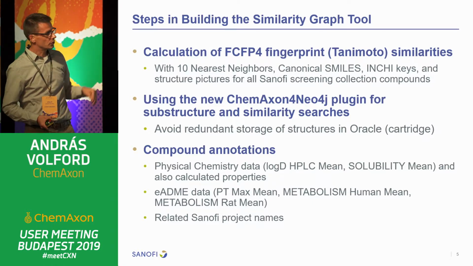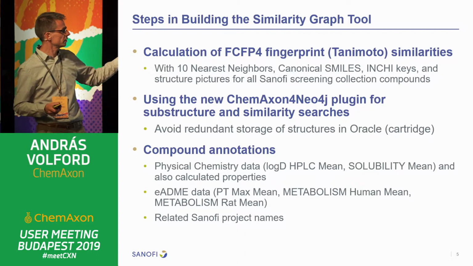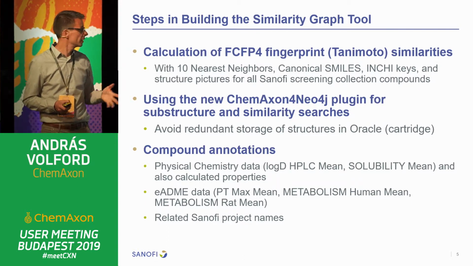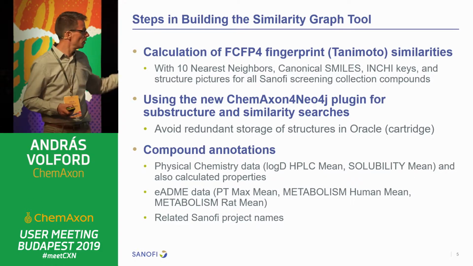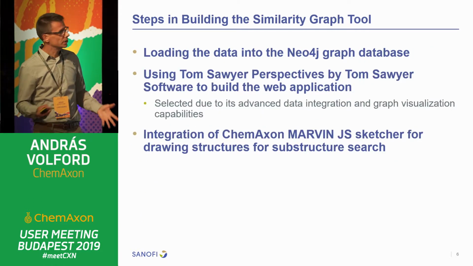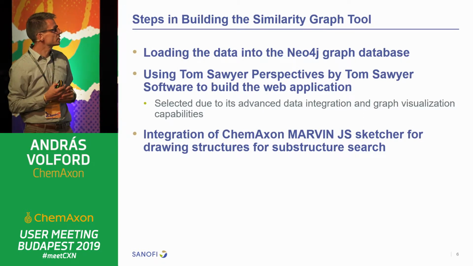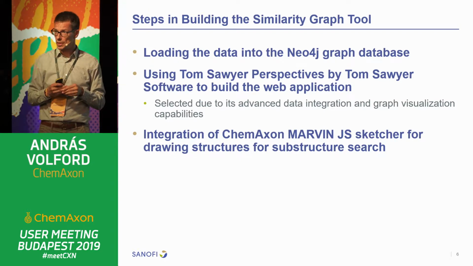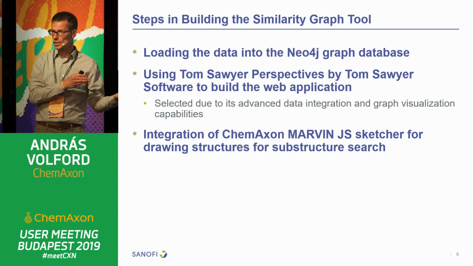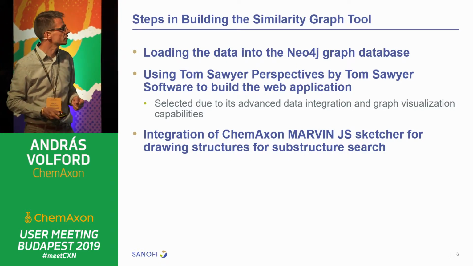They used compound annotation for physical chemistry data like logD values or solubility, and also ADME data, plus the Sanofi project names. They uploaded all of this into the Neo4j graph database, and the visualization was done with Tom Sawyer Perspectives. The chemical search was running on our Neo4j cartridge, and the interface also used Marvin.js for the sketcher.